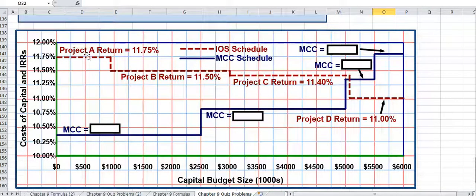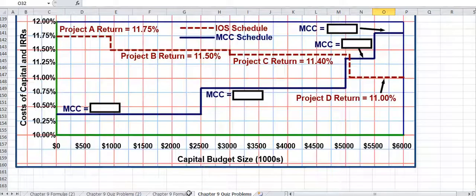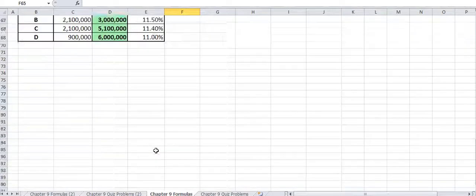So it's very easy to see that you're going to want to do project A, B, and C because the return is higher than the cost, even at the end here. You're not going to do project D because the return is way lower than the cost at that point, keeping in mind that these projects are cumulative.